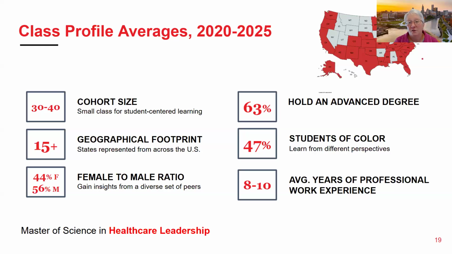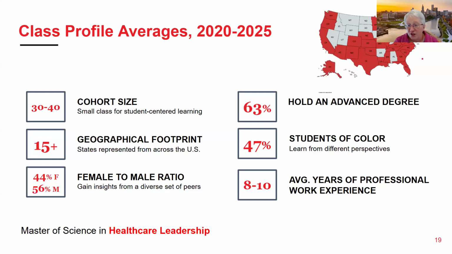We've had folks who have law degrees and then come to get the healthcare knowledge that they're looking for. We have about approaching 50% students of color in the program, and we find that's really important for folks to be able to learn from diverse perspectives.